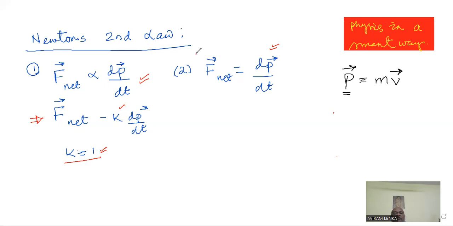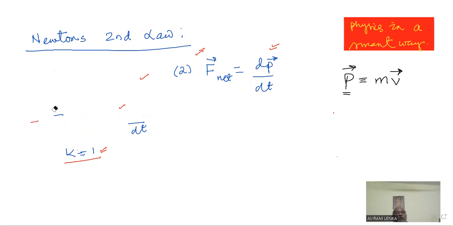So we consider the second way, that net external force equals the rate of change of momentum. Let me remove the thing that was there because we need more space to make our mathematical moves.